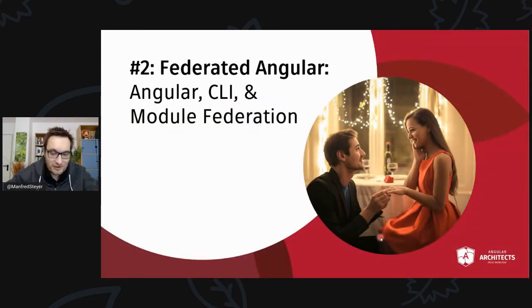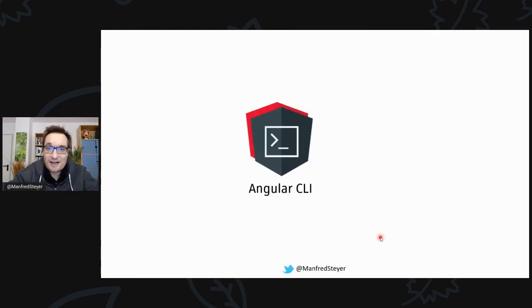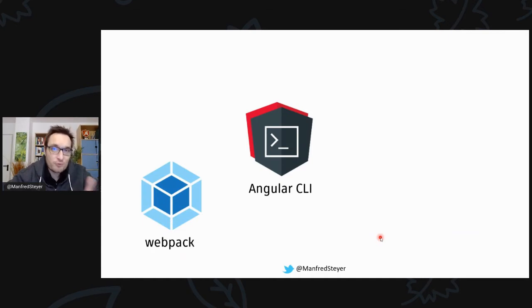Okay, so as you have seen, this is quite straightforward. But now the question arises how to combine this with the Angular CLI. Because the thing is, the Angular CLI is using Webpack underneath the covers. This is great. But the thing is also, it is shielding Webpack from us.